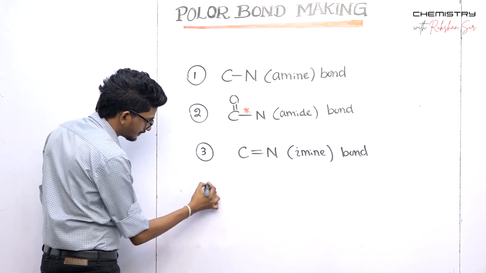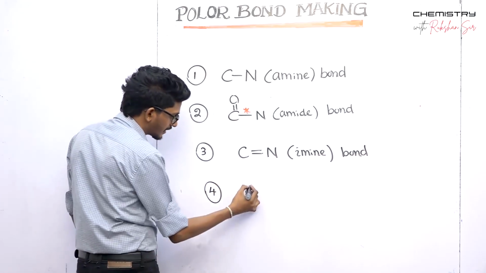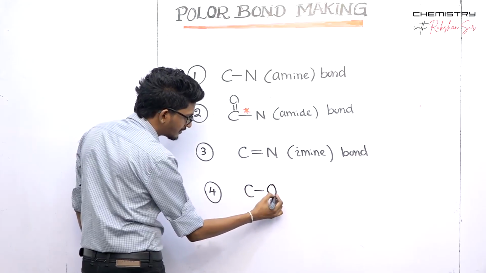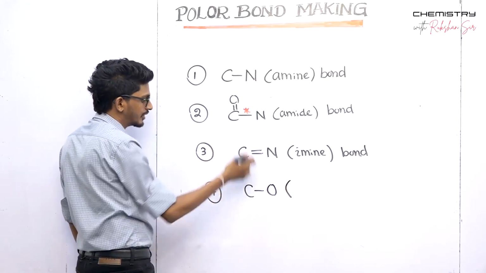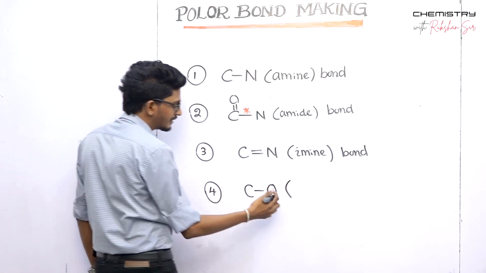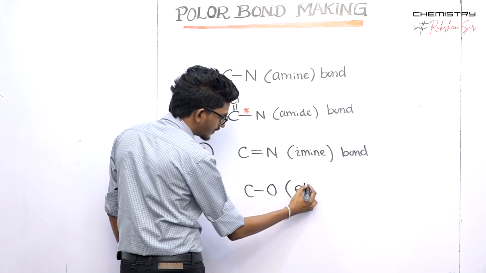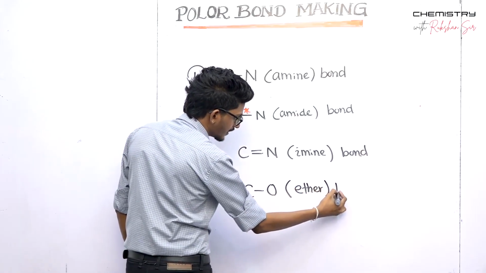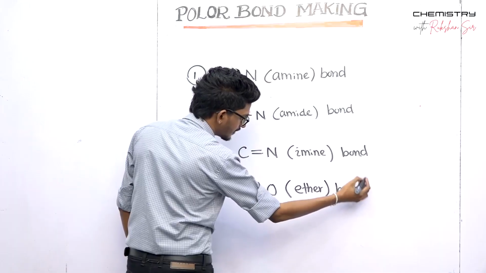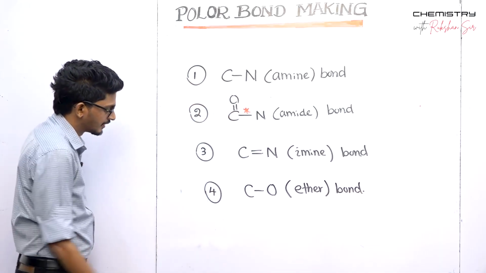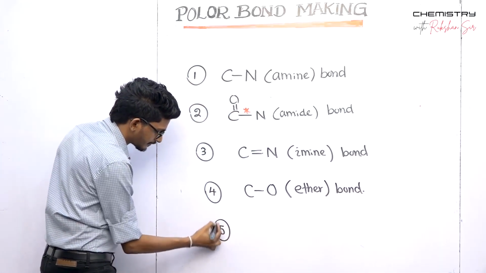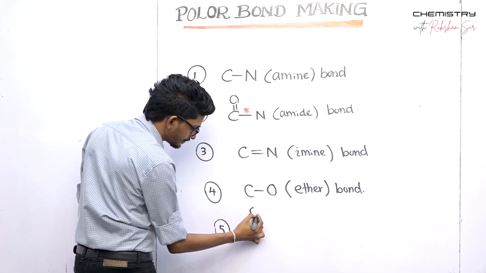The 4th one, we'll discuss the formation of the carbon oxygen single bond, like the carbon nitrogen single bond. This carbon oxygen single bond is referred to as the ether bond. Ether bond makings. And finally, we'll discuss the ester bond.